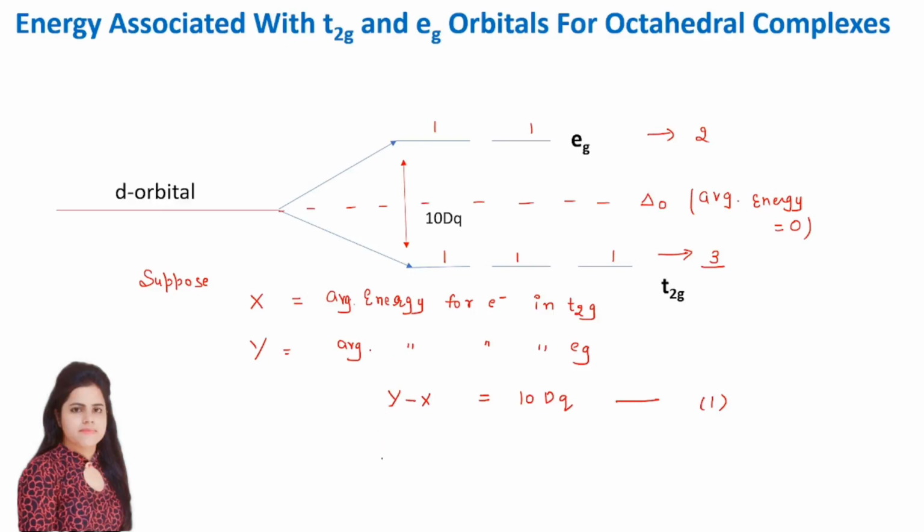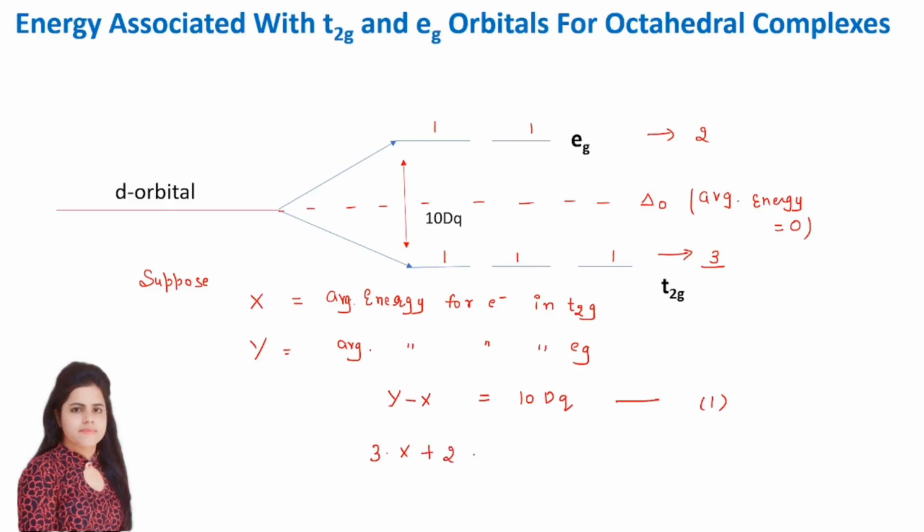So for the t2g, that will be 3 into x. 3 means 3 degenerate orbitals, and x is the energy for your t2g orbital, or you can say the energy for the electron which is present in t2g.